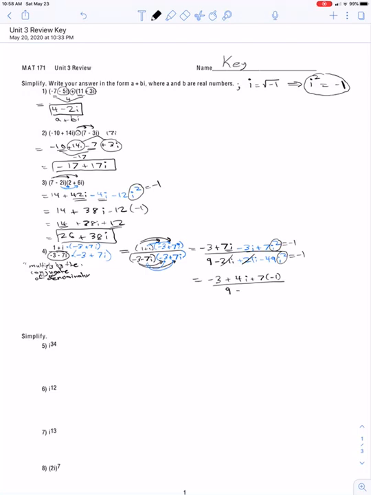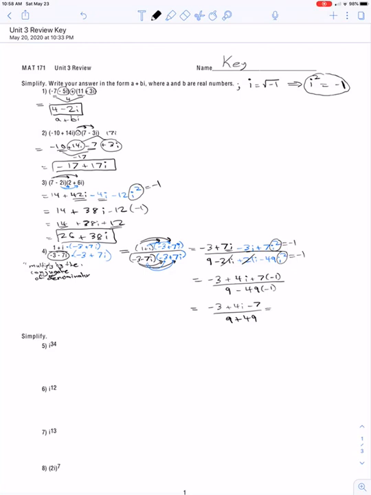So we end up simplifying to 9 minus 49 times i squared, or 9 minus 49 times negative 1. So simplifying that down, we got negative 3 plus 4i minus 7 divided by 9 plus 49. And there's that property of a squared plus b squared, right? 3 squared plus 7 squared, or negative 3 squared plus negative 7 squared.